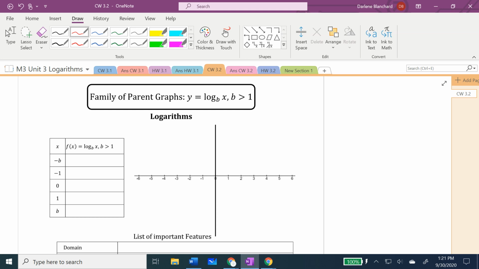Every single logarithm goes through the x-intercept 1, 0. And it helps if you remember that that's a reflection of the y-intercept that every parent graph has with exponential functions.